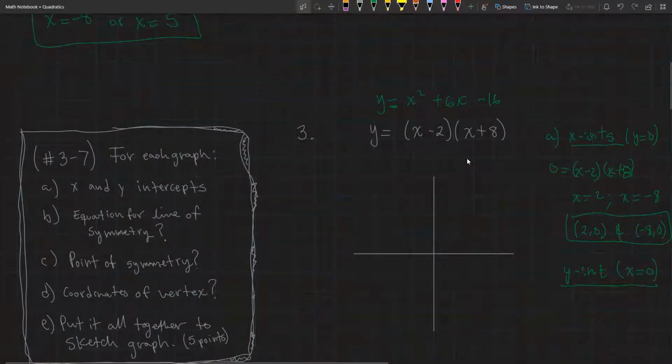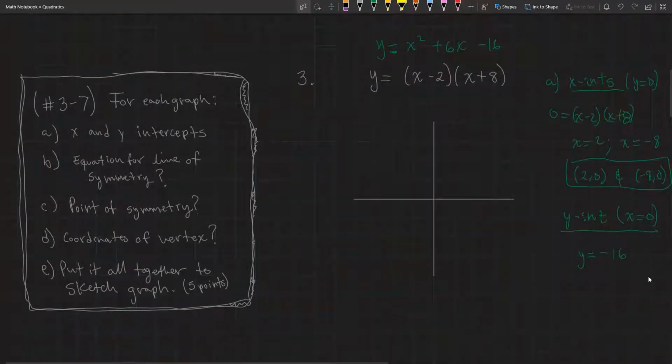Or the other possibility, since we multiplied it out, we can replace a 0 here and square it, and then 6 times 0. Either way, we should get a Y value of negative 16. So I'm going to skip that for right now, but ask you to verify yourself. In this Y equals negative 16, how can that be represented as a point? Remember that the X value was 0 and the Y value is negative 16.